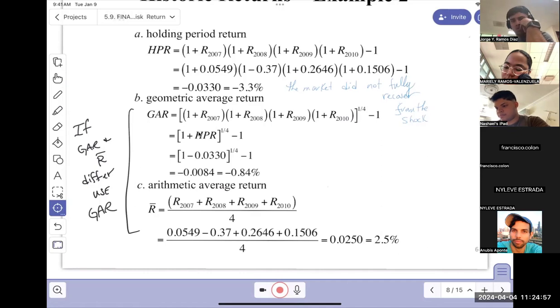So we need to use these accumulation factors as a better estimate of that effect. Another is that the average return is not a great measure of expected value when the data are not symmetric or balanced, or where there are extreme numbers or relatively extreme figures. Okay, so that's another reason. So when they're different, use GAR.